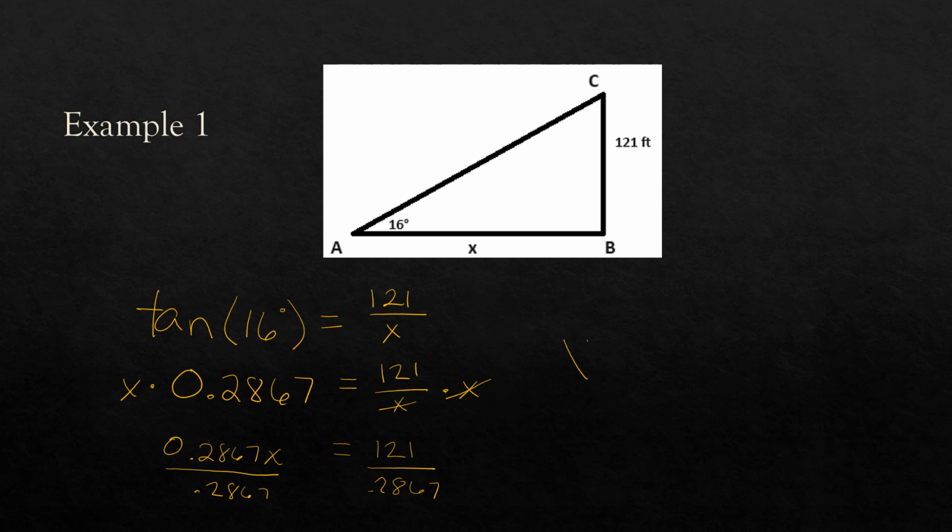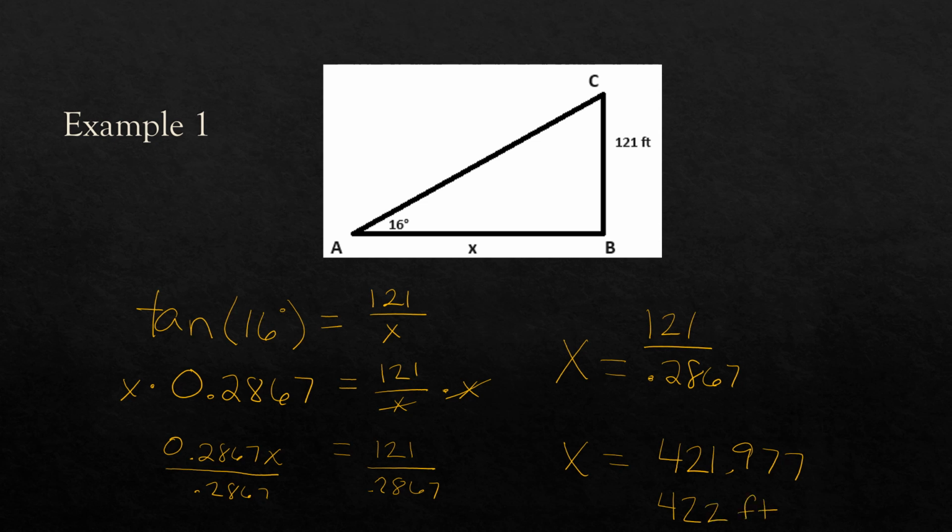So our answer is going to be x is equal to 121 divided by that tangent of 16, if you want to type it all in at one time. But that tangent of 16 is 0.2867. And that means that x is going to be equal to 421.977. And we want to round to the nearest foot, so we're going to take it as 422 feet.